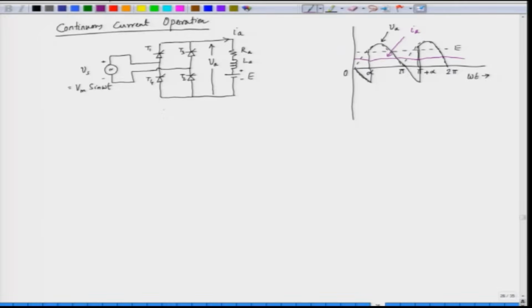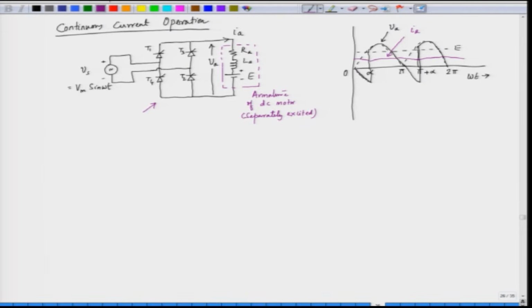Now, we have a single phase full controlled converter. This is the converter here, and the load in this case is the armature of a DC motor, separately excited, and the current through the armature is continuous.